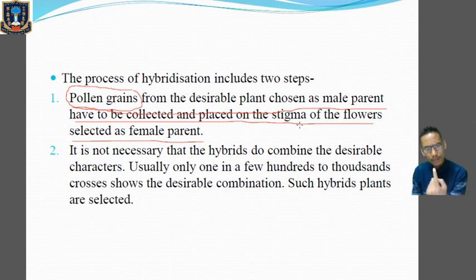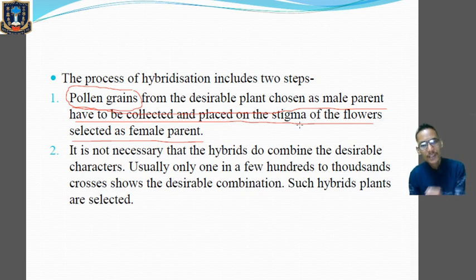Out of 100, only one or two will be hybrid, that means they will contain both the parental characteristics, the characters present in the mother and the father. So only one in 100 or 100 in a thousand will be the hybrid progeny.